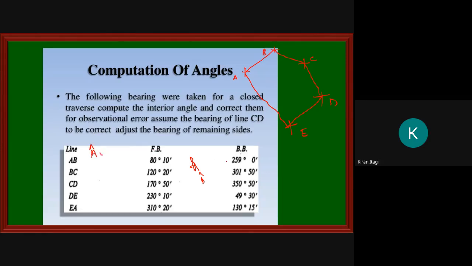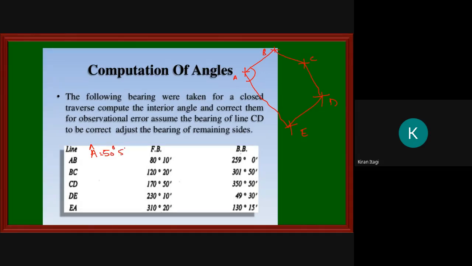Very simple: bigger angle minus lesser angle. 130 degrees 15 minutes minus 80 degrees 10 minutes is 50 degrees 5 minutes. Very good.